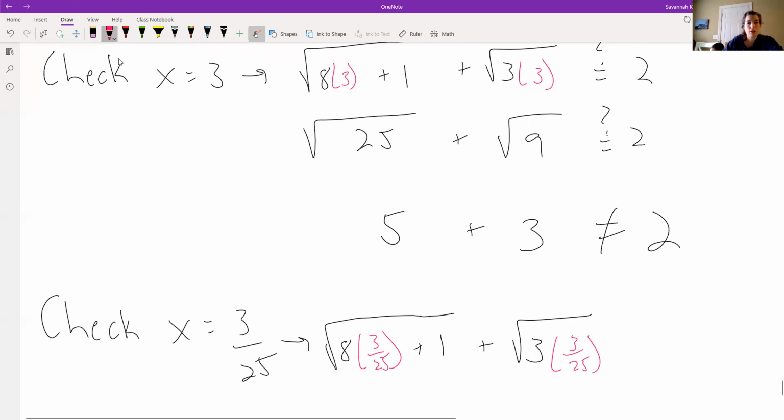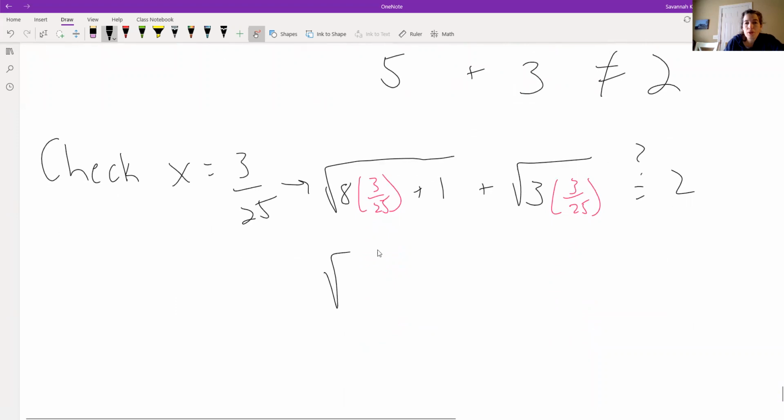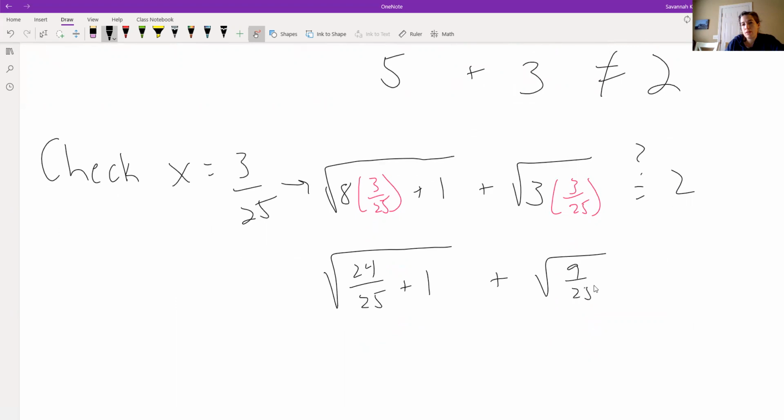If it comes out giving us a solution, I'll forgive it. All right. Okay, so is that going to be a 2? Okay, so we've got 24/25 plus 1 under the first square root. We've got 9/25 under the second square root. Does all of that collapse to 2?